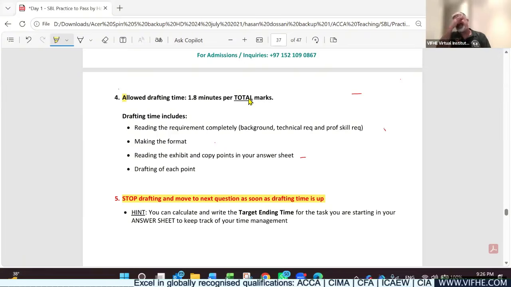If 54 minutes is allowed, how would you remember at what time you need to stop? How do you track your time? Danish, how would you remember what time you need to stop?